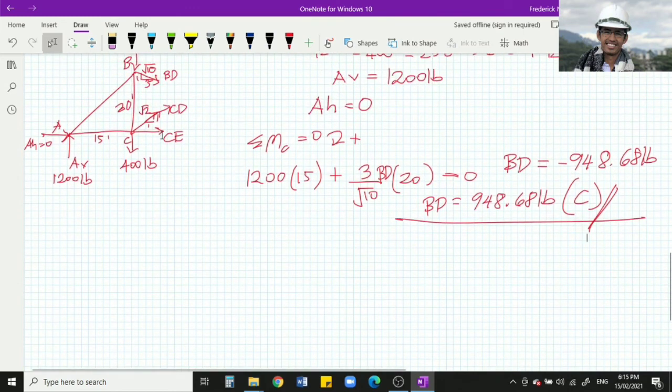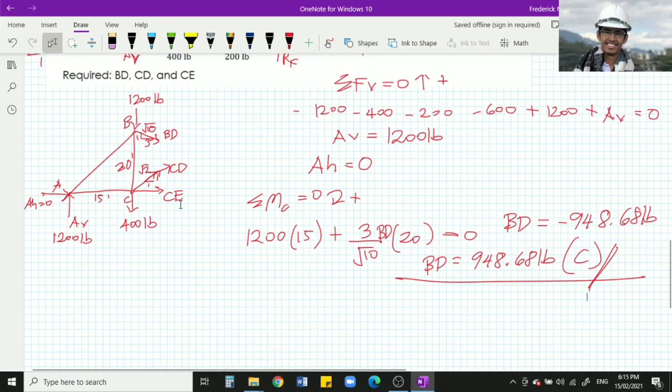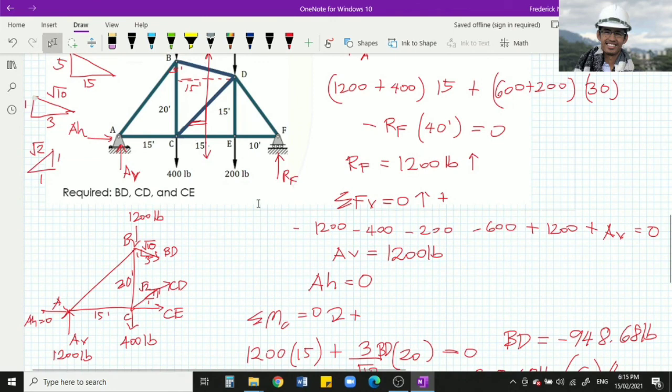Now, to get yung force CD and CE, so ano yung pwede nating gawin? To get the force CD and BD. So, pwede tayong mag-moment sa point D. Okay? Para makuha natin yung value ng CE.